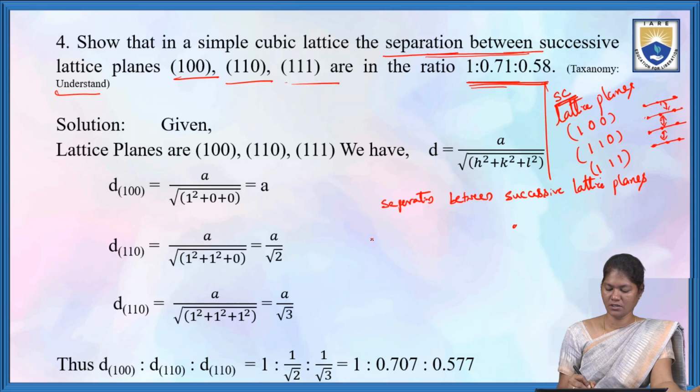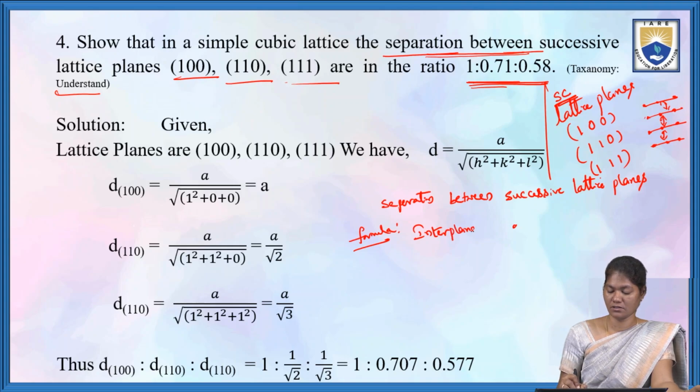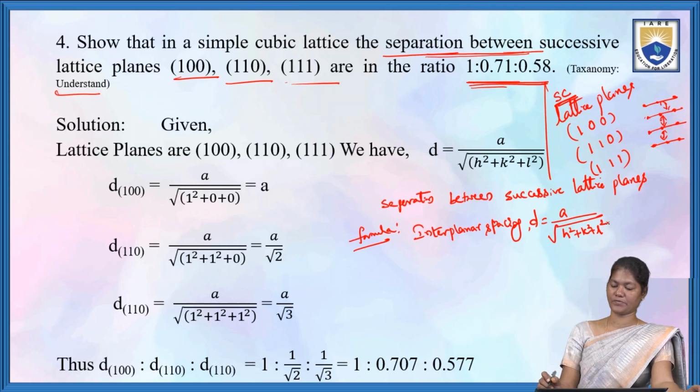We know the formula for the interplanar spacing, or separation between the lattice planes: D is equal to A by root of H square plus K square plus L square.